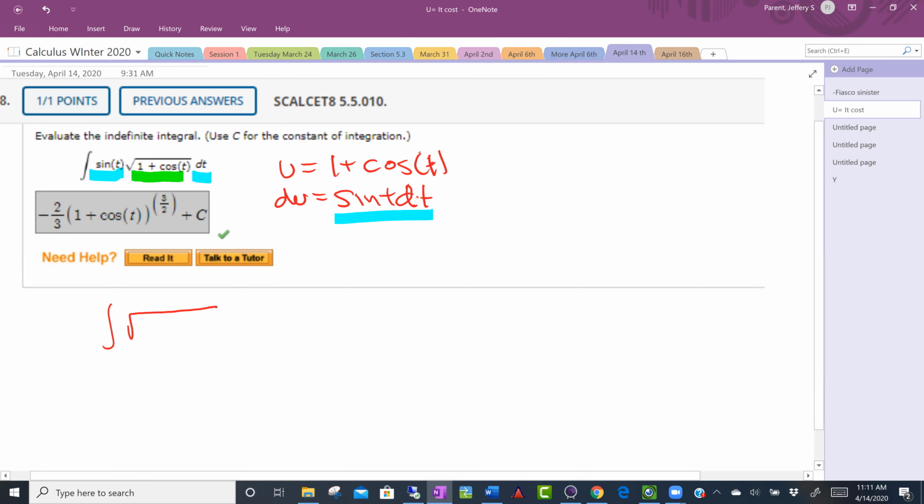Jeff, should it be minus sine t dt? You're right. Thank you. So that means I need to move the minus sign to the other side by multiplying by negative 1 and get minus du equals sine of t dt.